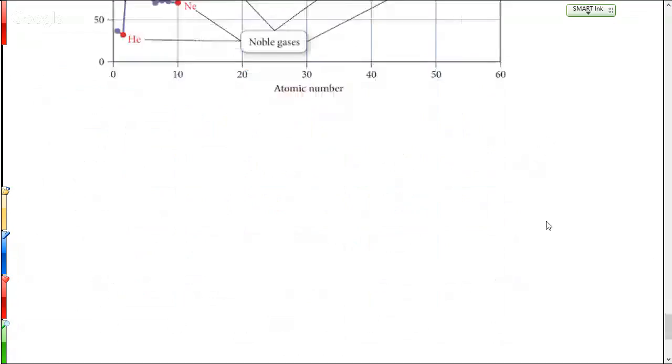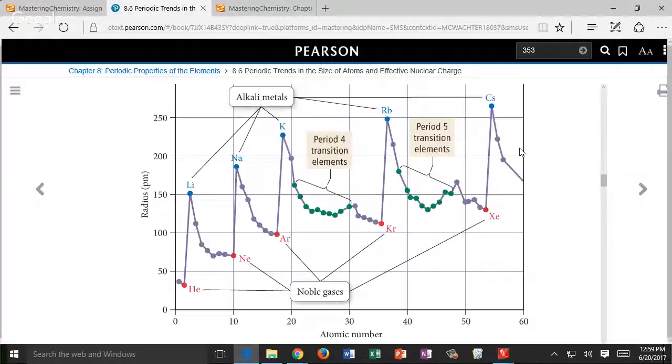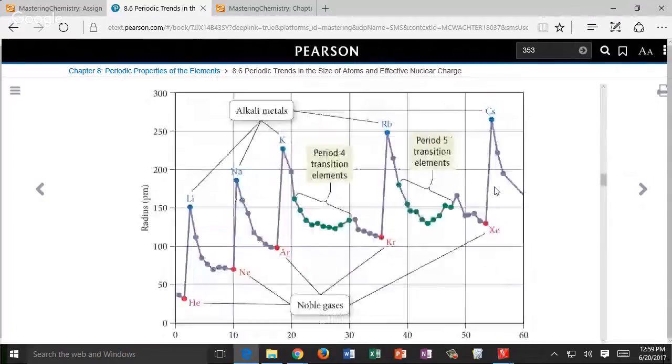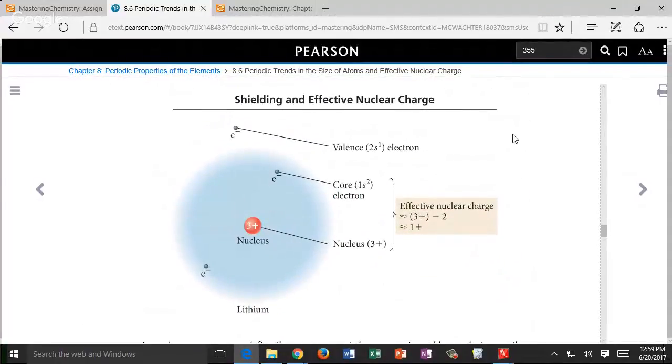Remember how we calculate nuclear charge? There's another picture on this in this section of the book too. So the way we calculate effective nuclear charge is, let's say we're looking at a valence electron like the 2s1 here in lithium. We subtract any electrons that are inside of it, on lower n levels.